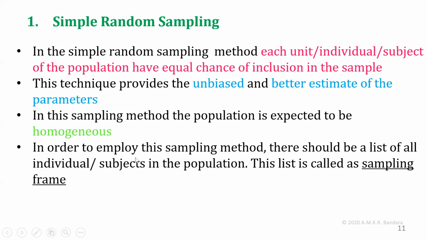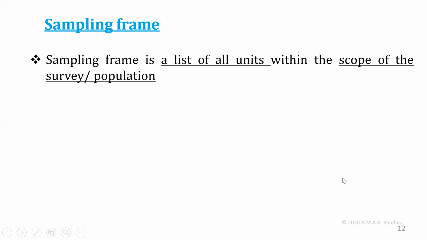In order to employ this sampling method, there should be a list of individuals or a list of subjects in the population. We should have a list. This list is called the sampling frame. So the sampling frame is the list of all units or all individuals within the scope of the survey or within the scope of the population.